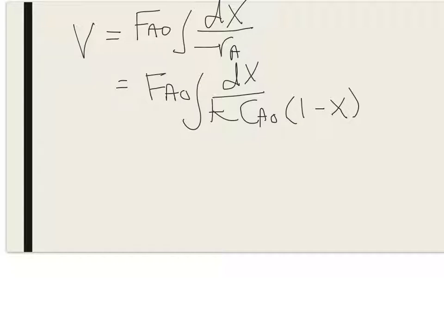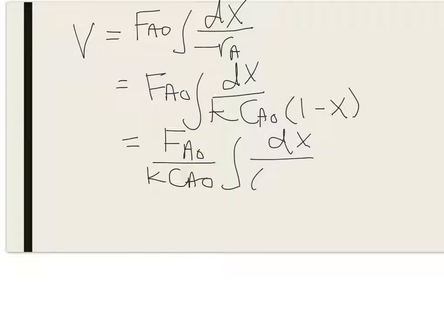Since K and CA naught are constant values, we take them out of the integration term. So we have K CA naught here. What leaves us is dx over 1 minus x.